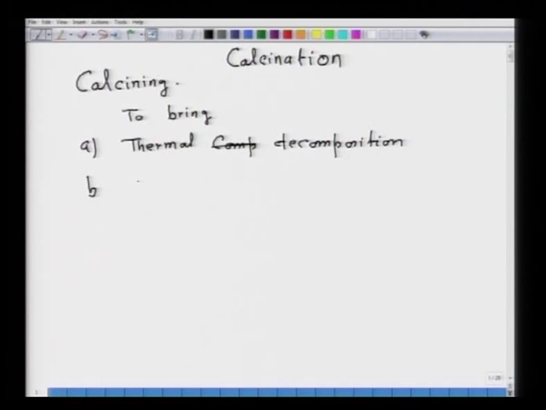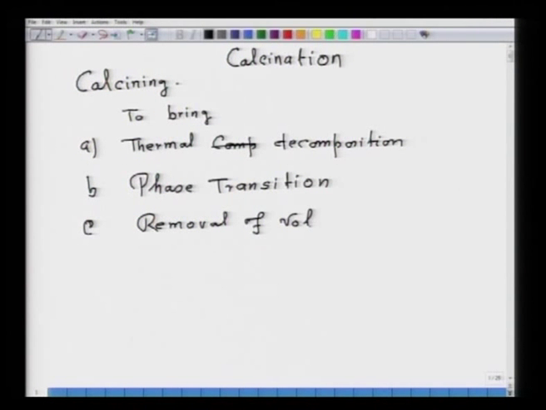Second possibility could be phase transition. Third, removal of volatile fractions. These are some of the objectives of calcination. However, you can include more.